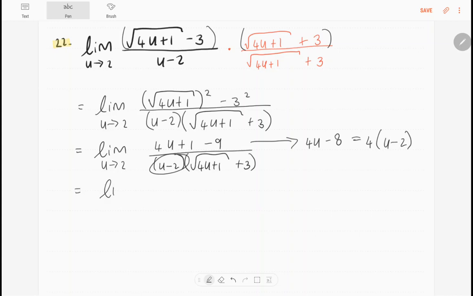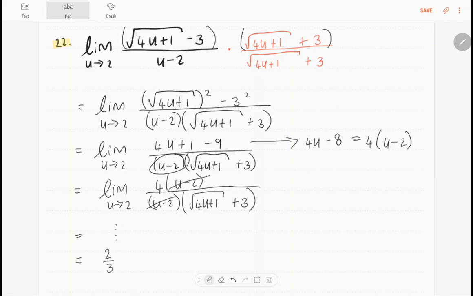So I have the limit as u approaches 2 of 4 multiplied by u minus 2 over u minus 2 multiplied by the square root of 4u plus 1 plus 3. These two brackets cancel, and now you can simply plug in the number 2, not going to do all of those steps, and you get your answer, 2 over 3.